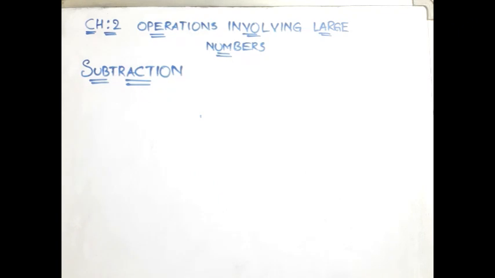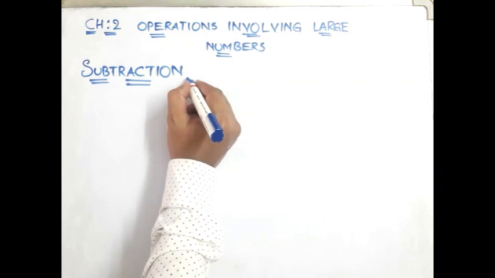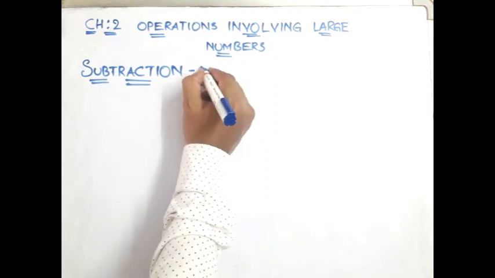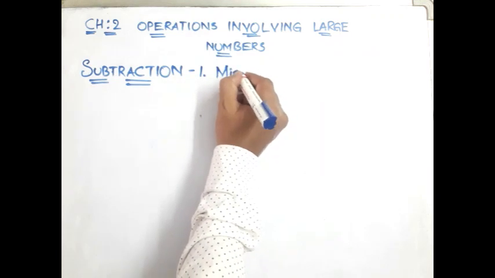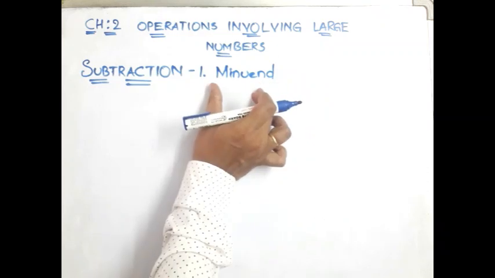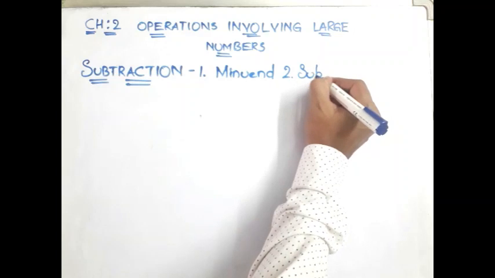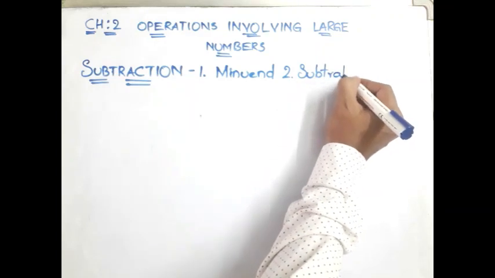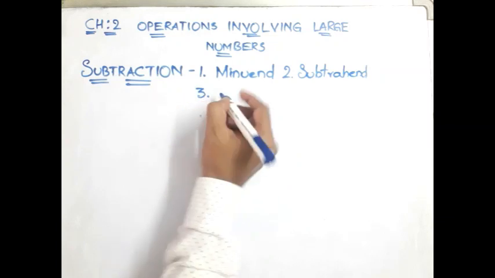So in subtraction, the terms which we have to understand are: the first one is minuend. You already know very much about these terms. The second one is subtrahend, and the third one is difference.